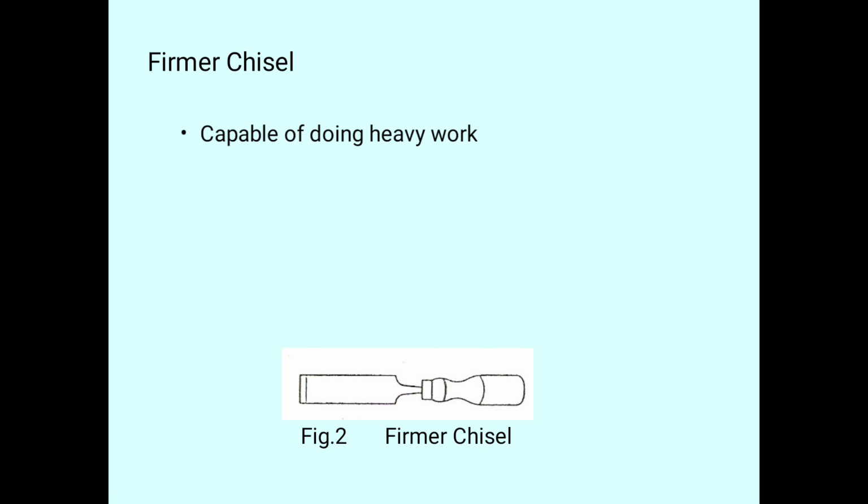It is used for joints and shaping the work. By removing the unwanted material from the wooden piece, we can make different shapes.